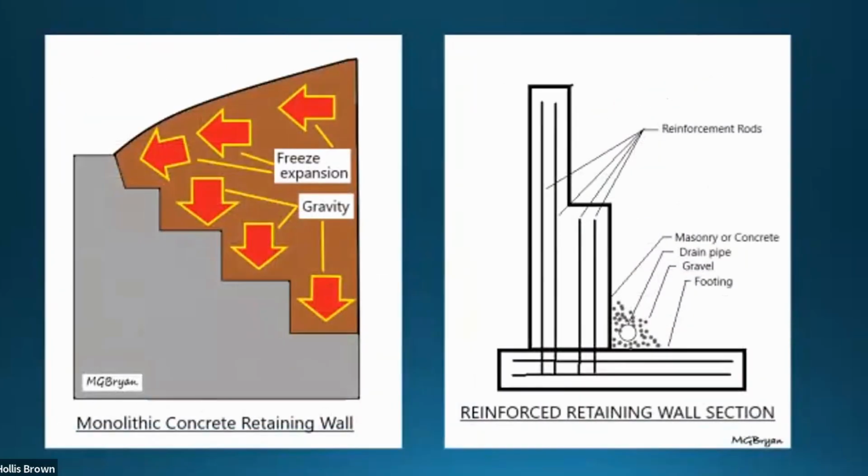So again, if you could pour the concrete monolithic like the masonry, then you could do this and you would have the gravity holding the concrete into place, and you would be able to overcome any push from the freeze thaw. But when you go to this design here, again, you're relying on steel reinforcement, which will fail.